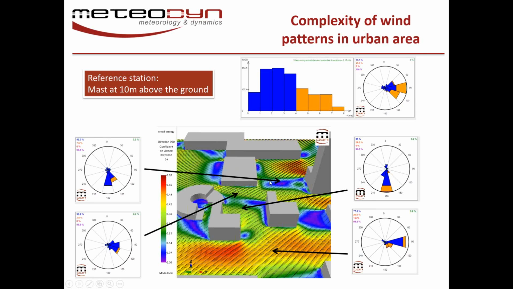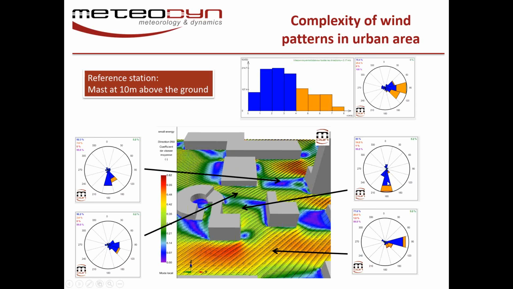But if you have a look inside the city or the neighborhood, the prevailing wind is completely different. It's now coming from the south, because here the wind is going to flow towards this direction. So it changed direction, but it also changed the mean speed.